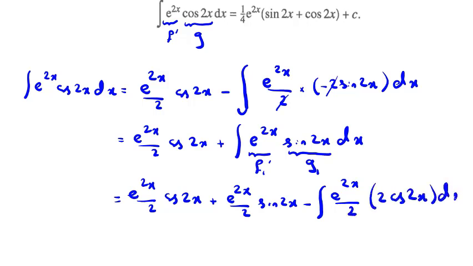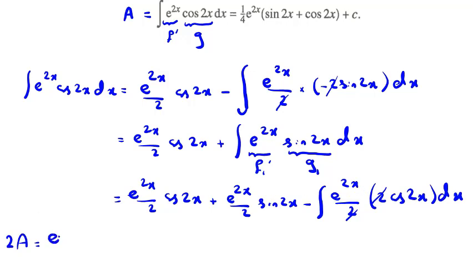cos 2x dx. Okay, and here again we can say, let me call this one, for example, a. These two will be cancelled. If you pay attention, it is also a, again, negative a.